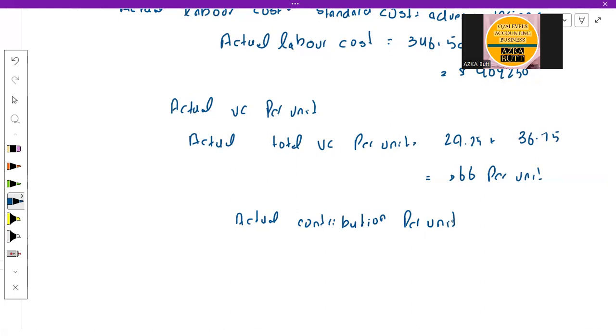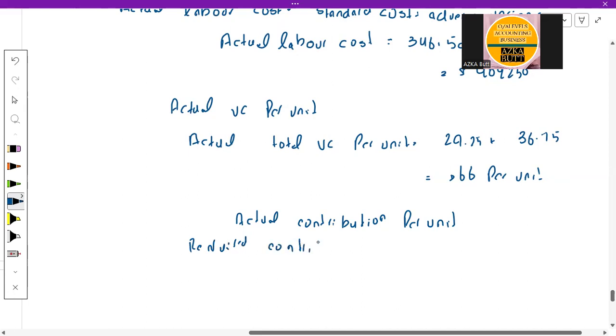The actual number of units sold was the same as budgeted, which is 11,000 units. So required contribution per unit is equal to 162,900 divided by 11,000, which is equal to 148.10 per unit.